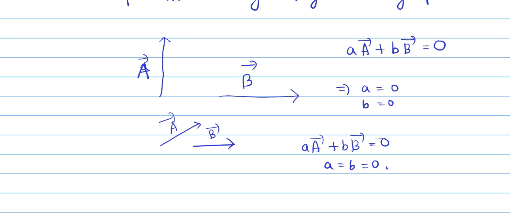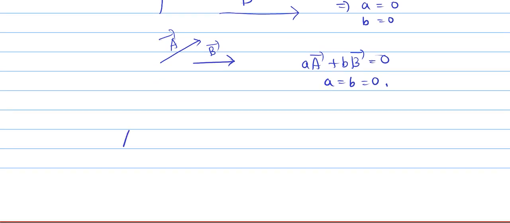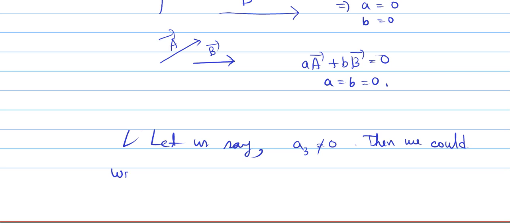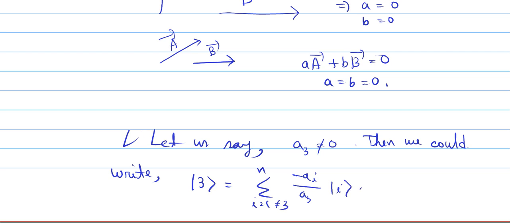Let us say a3 is not 0, then we could write a3 times vector 3 equal to minus the sum from i not equal to 3 to n of a_i times vector i. If they are dependent, we can write this.